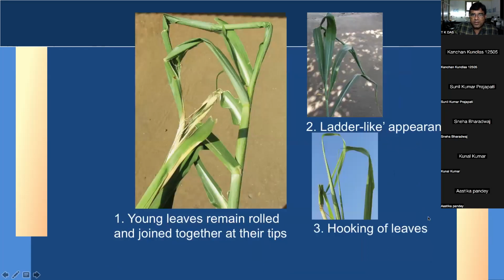This is in sugarcane, ladder-like structure, and on these sides also you can see this gluing of leaf tips together. I have practically seen this deficiency symptom in sugarcane. Last time I visited some village and I have seen it practically also. I got pictures of calcium deficiency in sugarcane. So it is like this.